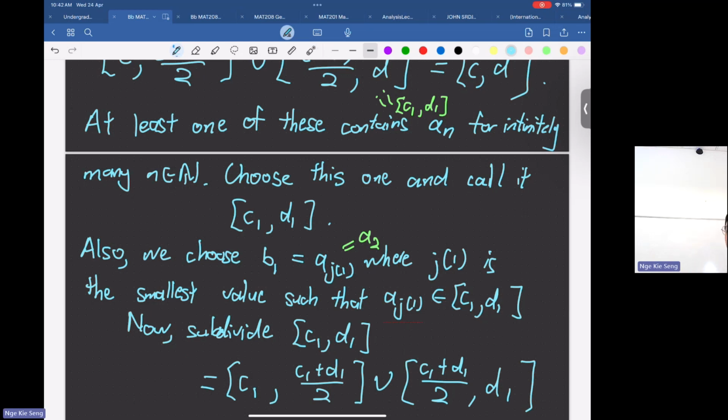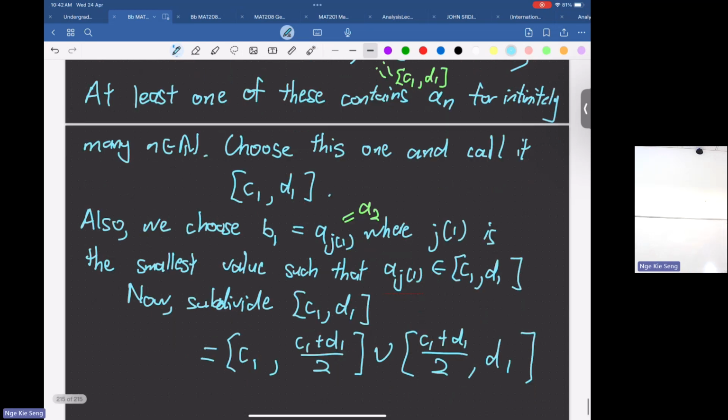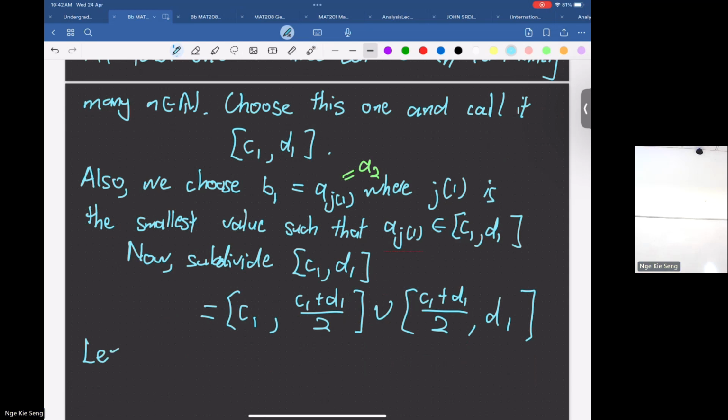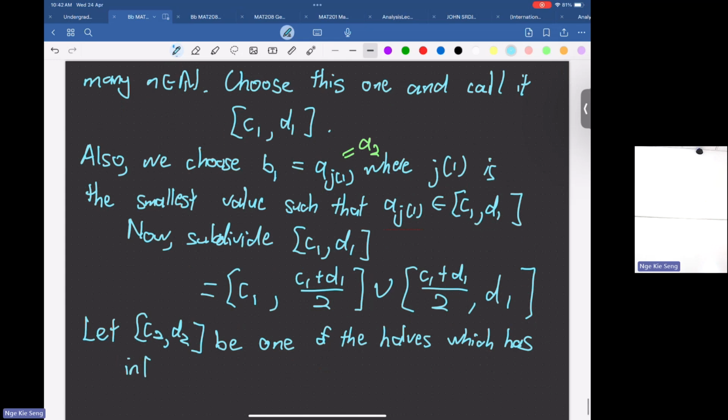Then one of them has infinitely many terms. Let [C2, D2] be one of the halves which has infinitely many terms of a.